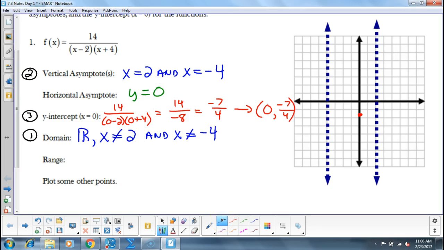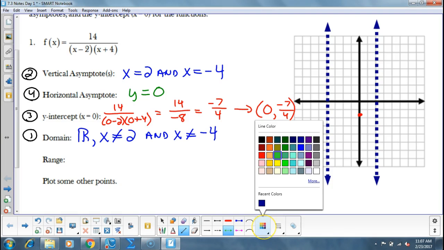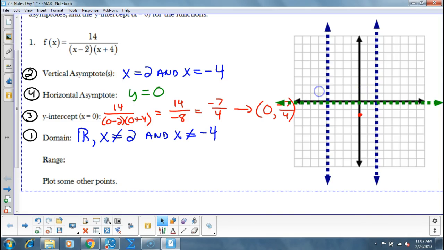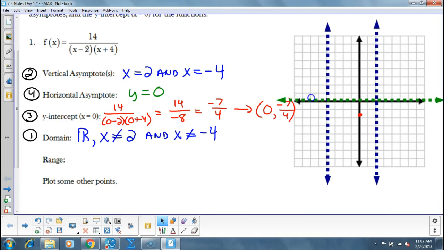Why do we know that? Because the numerator is, it's a C word, it's a constant.